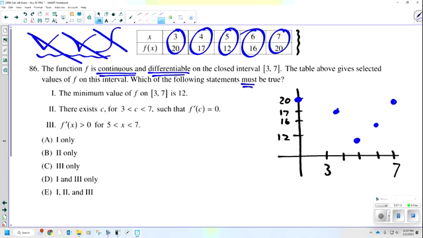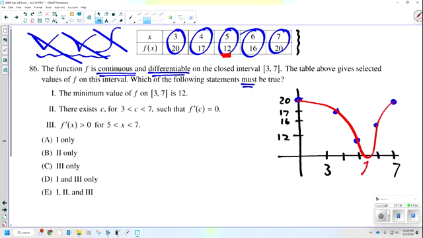Let's take a look at what they give us. The first thing says the minimum value of f is 12. Okay, so when I draw this graph that is one straight line with no breaks, and it doesn't have any corners or cusps or vertical tangent lines, the minimum on the table is 12, but I can absolutely draw something that comes down even further than that.